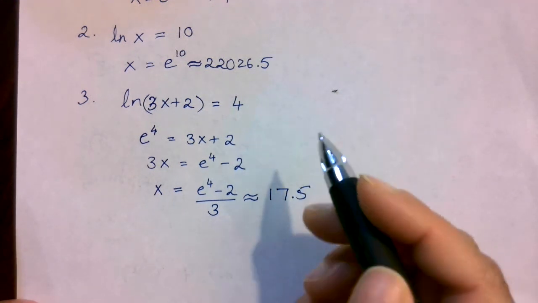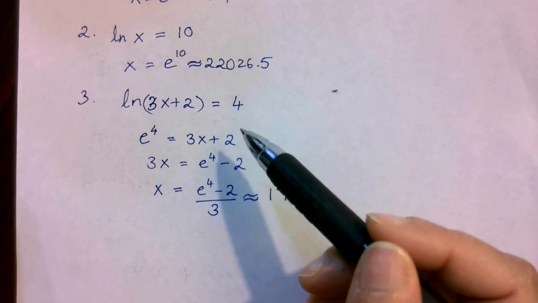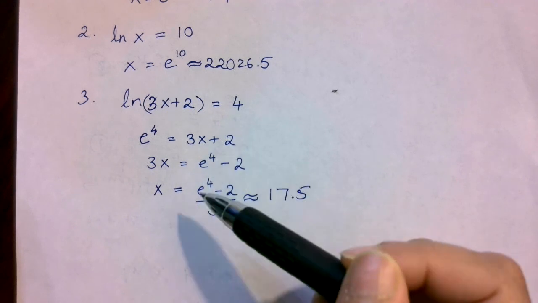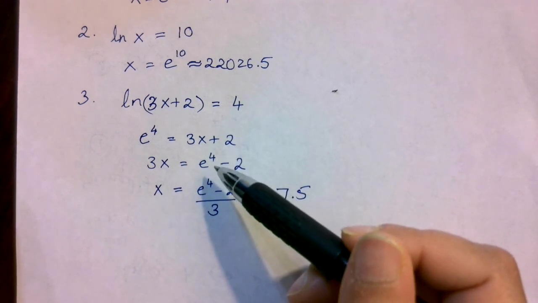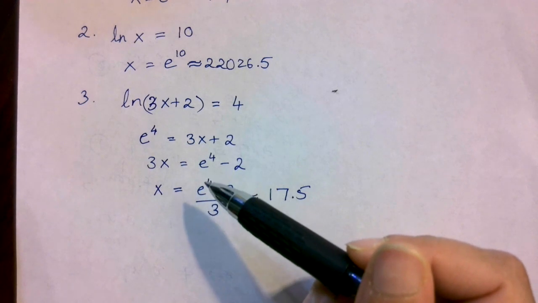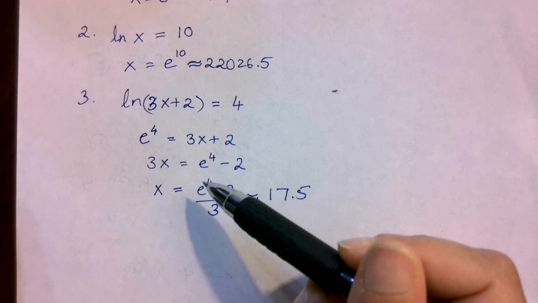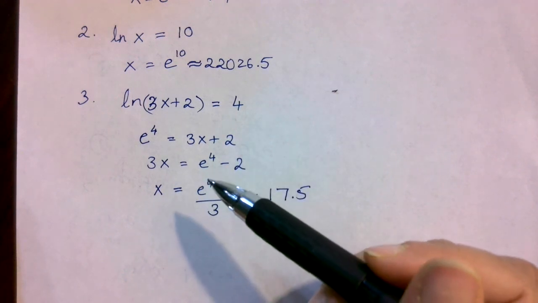So that's how you can solve logarithmic equations, natural logarithmic equations. Always remember the properties for common logarithms can be used for natural logarithms, and you can simplify, expand natural logarithmic expressions using the properties that we learned in common logarithm.